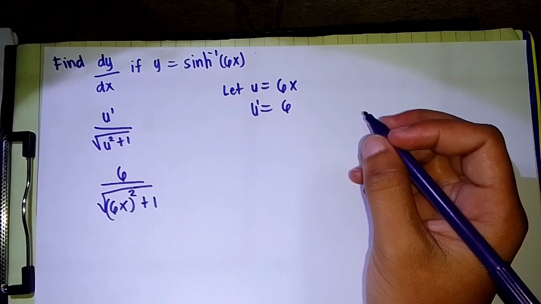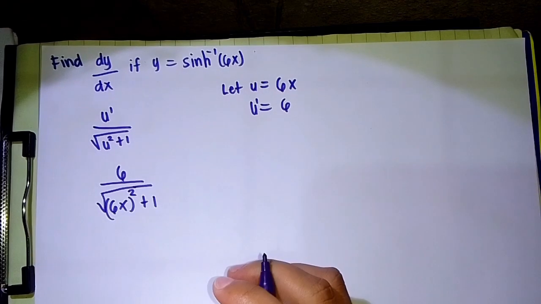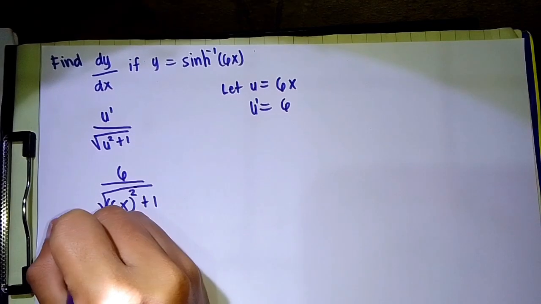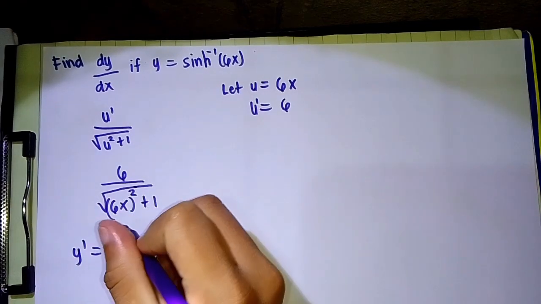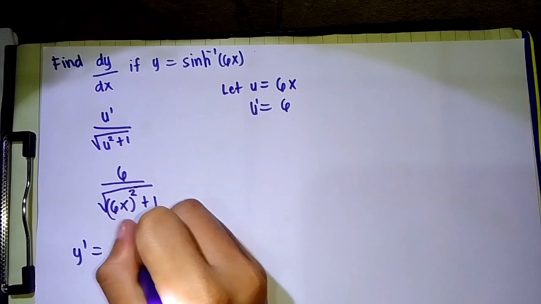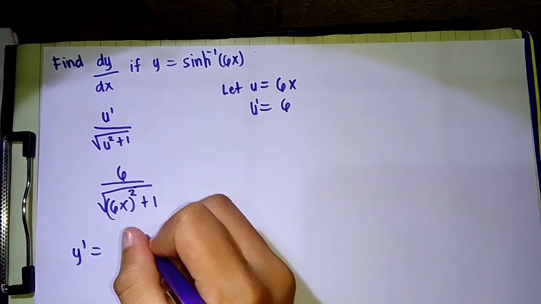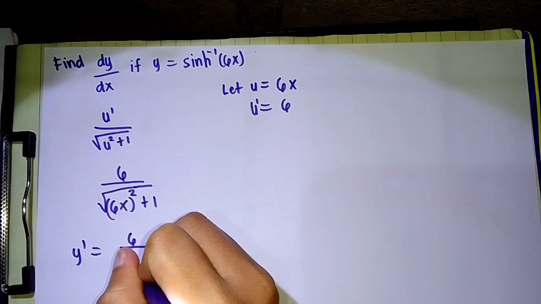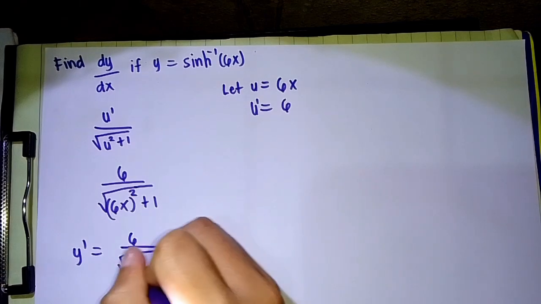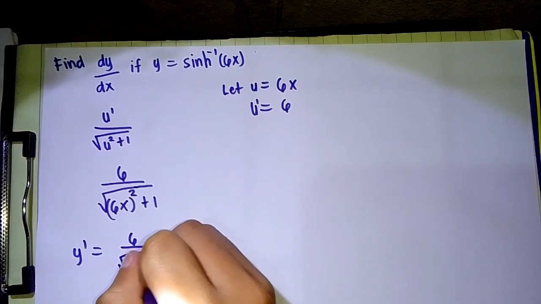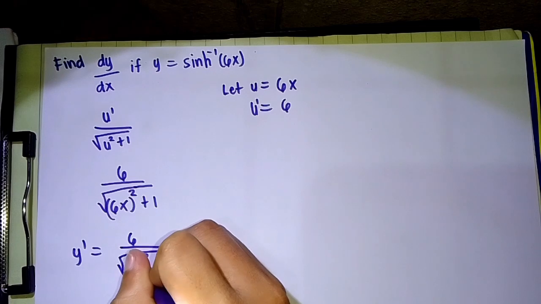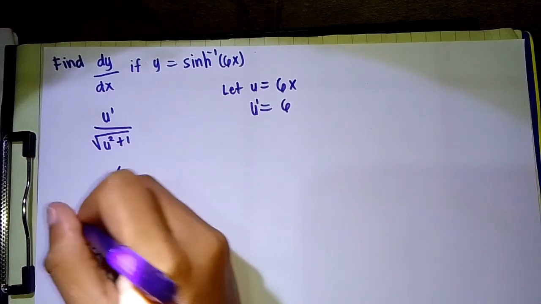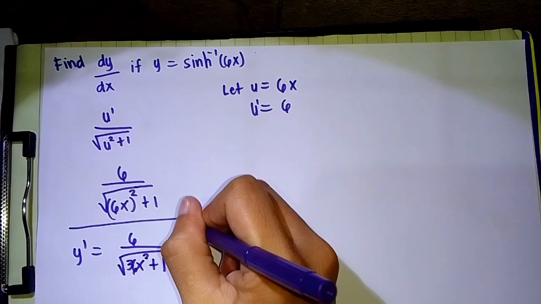That is 6 over the square root of 36x squared plus 1. So this is now your final answer.